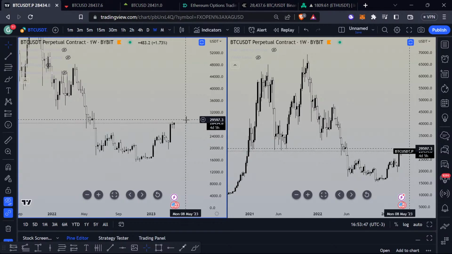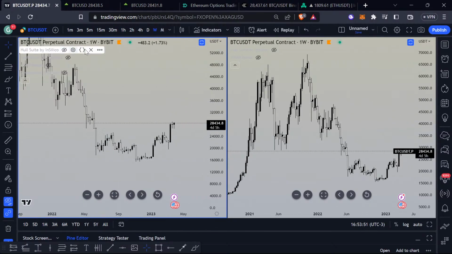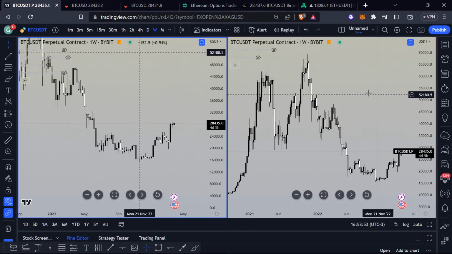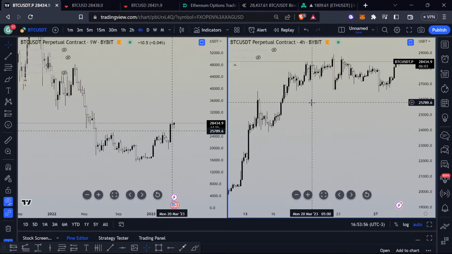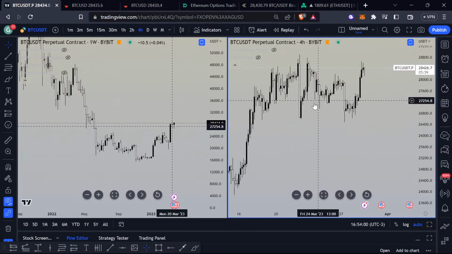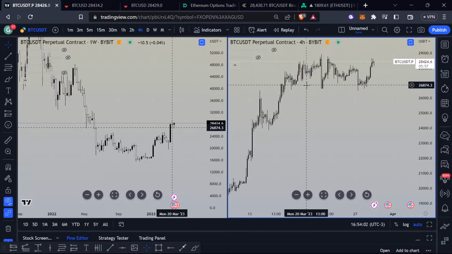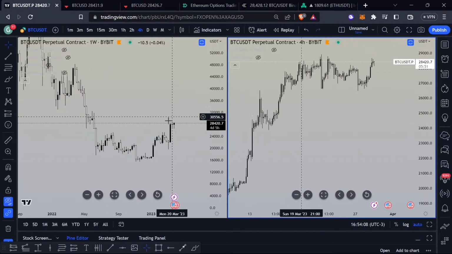So, for instance, if we're looking at a weekly chart, I would like to also look at the 4 hour, or maybe the daily. The daily is a bit useless right now because of the chop, but I want to see the 4 hour. So in the 4 hour, I can maybe dissect how the moves happen and what to expect.